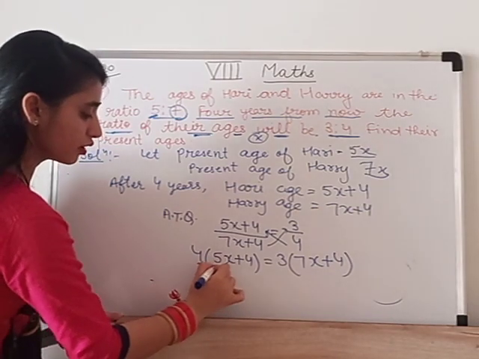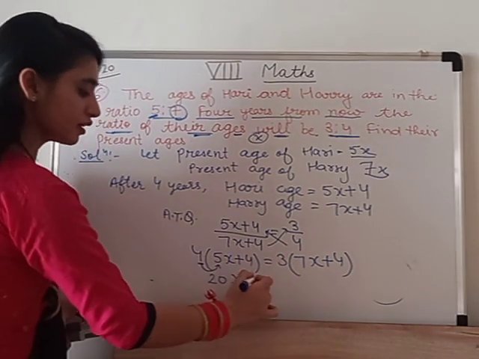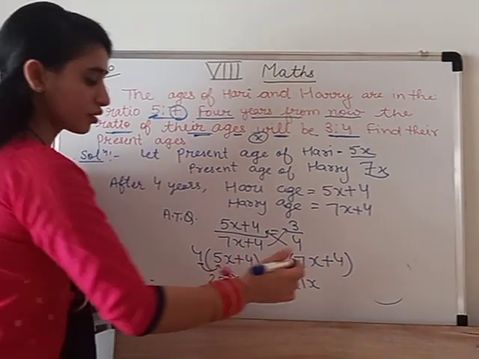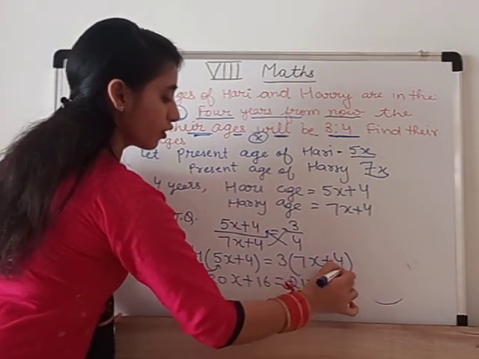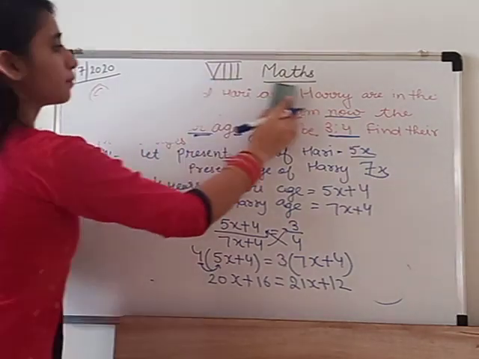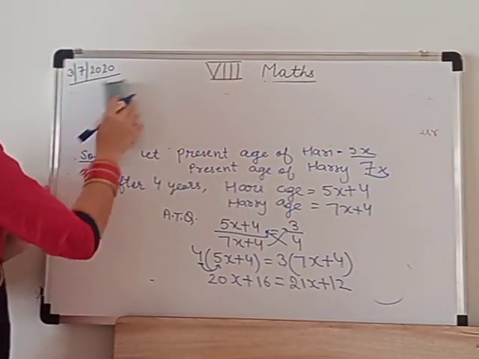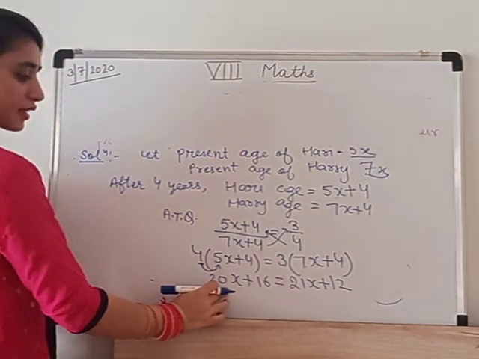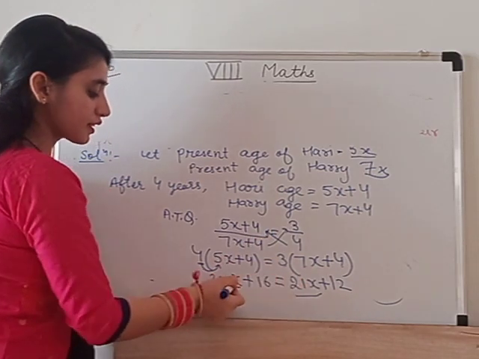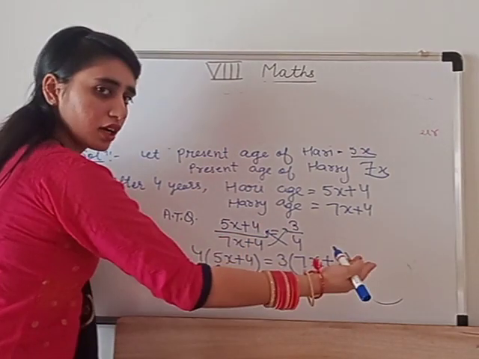Multiply 4 with 5x: 4 5s are 20x, plus 4 4s are 16. 3 7s are 21x, and 3 4s are 12, with plus signs on both sides. Now on the left side we have 20x and on the right side 21x. 21 is greater than 20, so move 20x to the right side.